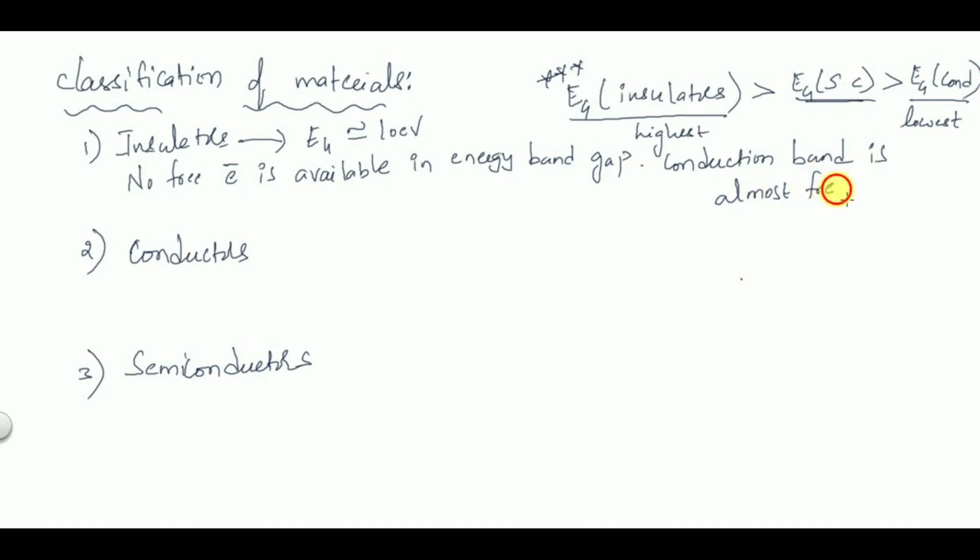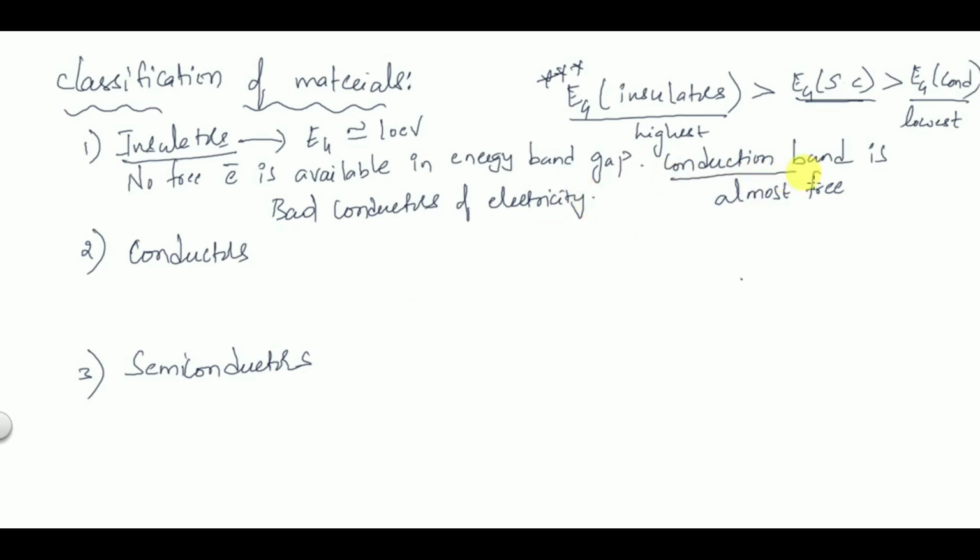There is no free electron available. That is why insulators are bad conductors of electricity, because no free electron is available for current conduction.